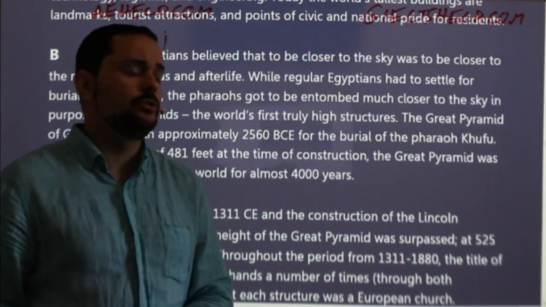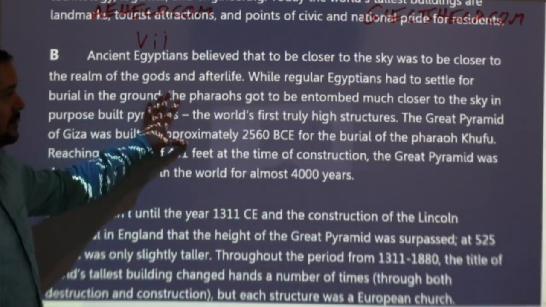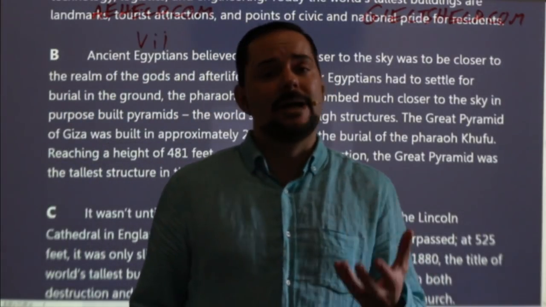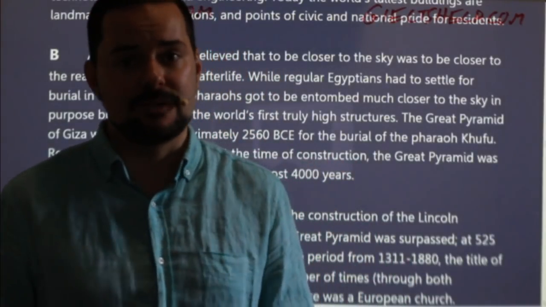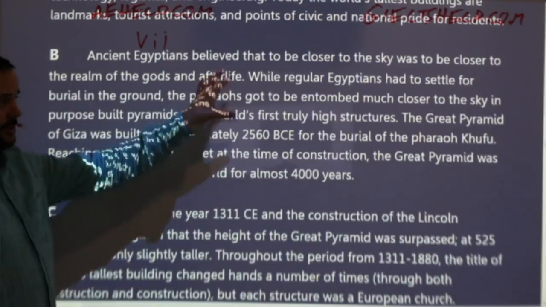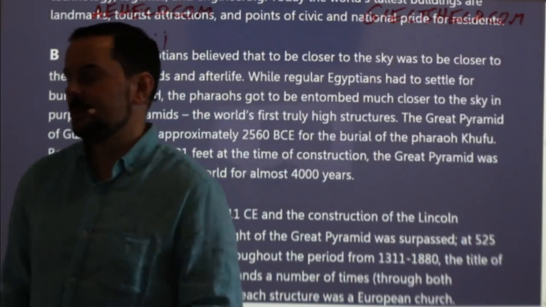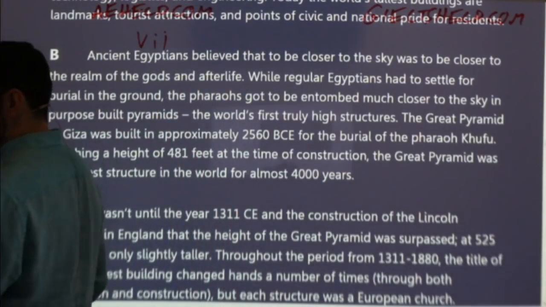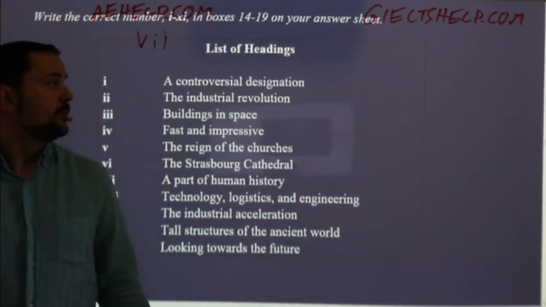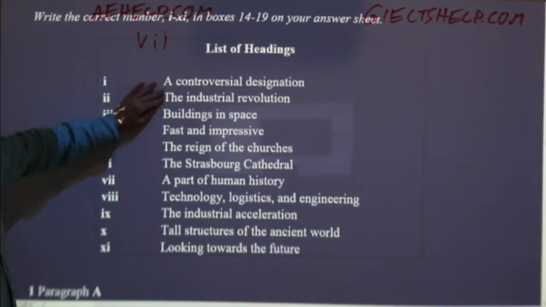So if I had to summarize this paragraph in one sentence, I would say the tall buildings of ancient times, okay? The pyramids. The tall buildings of ancient times, the pyramids in Egypt. That would be my answer. And if we go back and we look at our choices, we go through them, we know it's not.